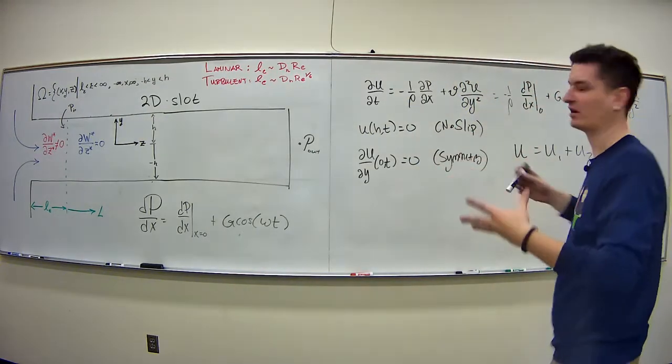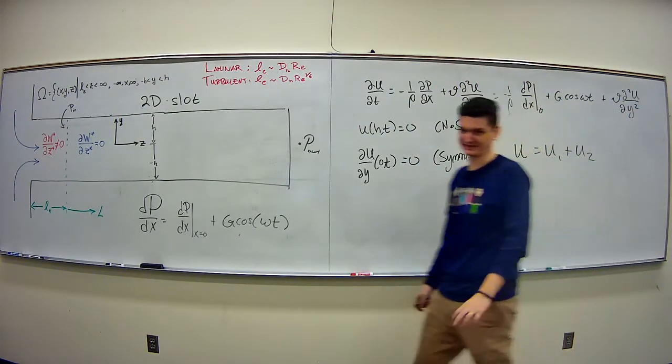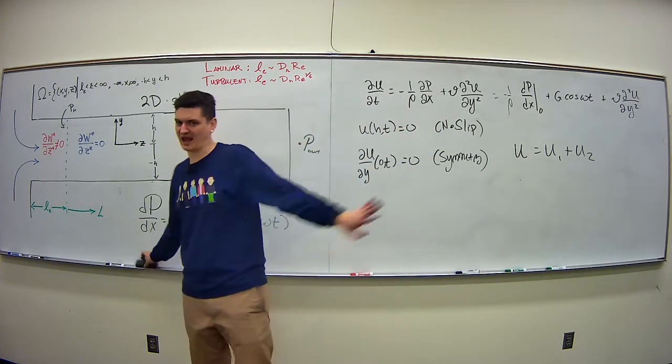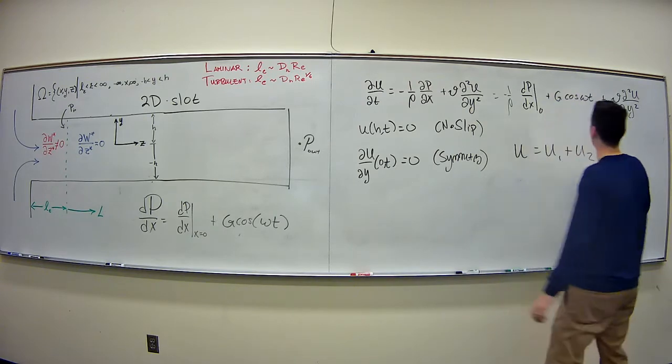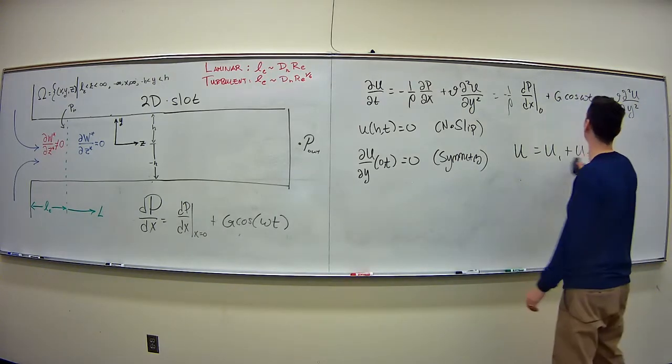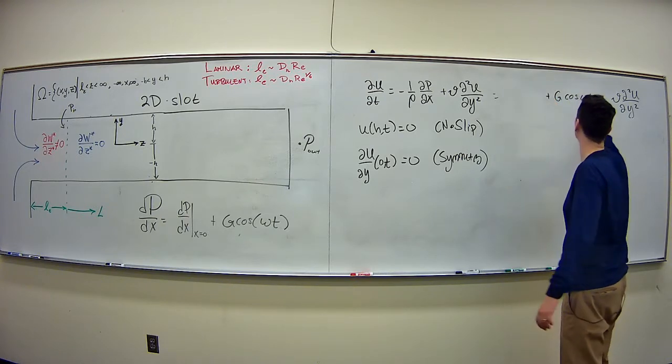So I already have one of the solutions, that being this one right here, the quadratic velocity profile that happens in the 2D slot flow. I already have that done. I've done it 3 times over and over in the 2D slot flow. So all I'm looking for then is this dynamic part, where I can just take that constant value away.